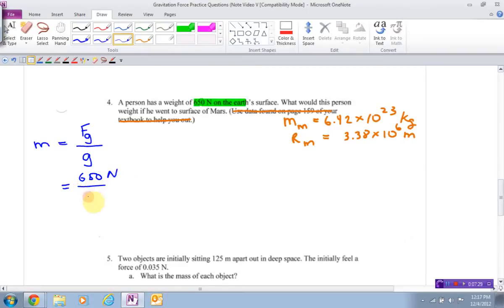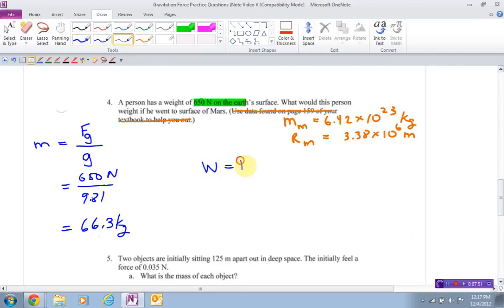We know the acceleration of gravity near the Earth's surface is 9.81. So if we divide the two, we will get 66.3 kilograms of mass for this person. Remember, the mass doesn't change where you go. So we can now use this to calculate the weight of the person on Mars.